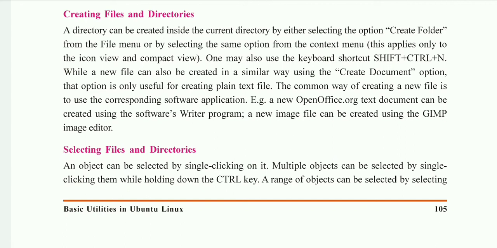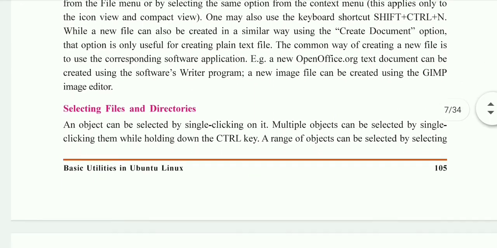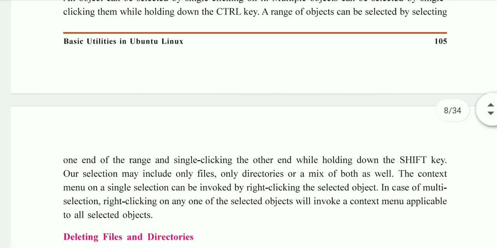If they are in a contiguous manner, then the option is here: select the first file, then hold down the shift key and select the last file. Then all the files within that range will be selected by default.